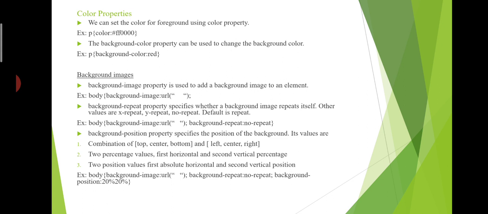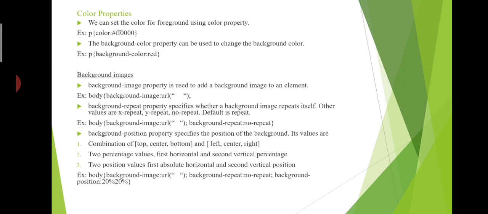Next, coming to color properties. To set the colors for the text, the backgrounds or the foreground, we can make use of the color properties. We can set the color for the foreground using the color property. See here, a color property with a hexadecimal code representation I have given.